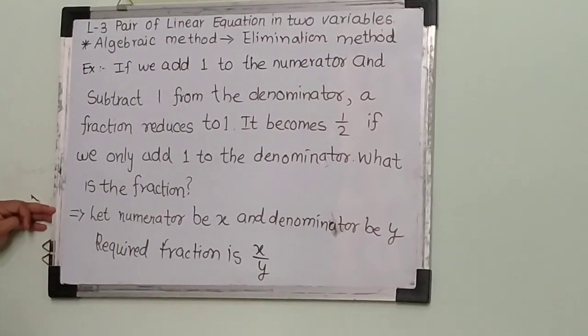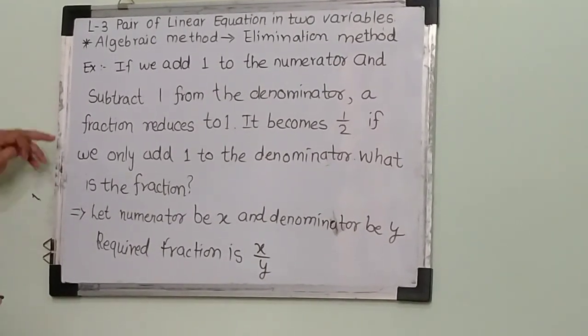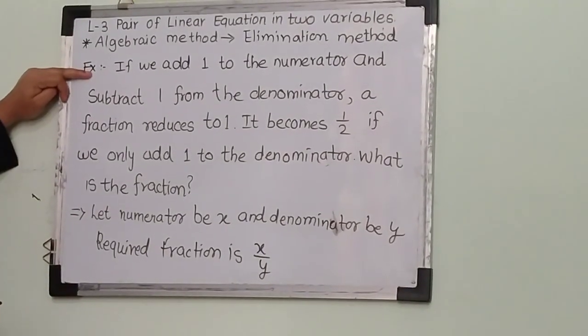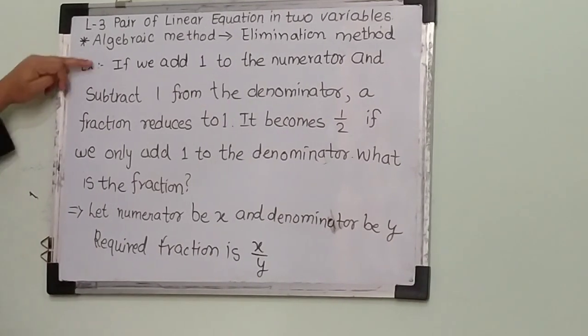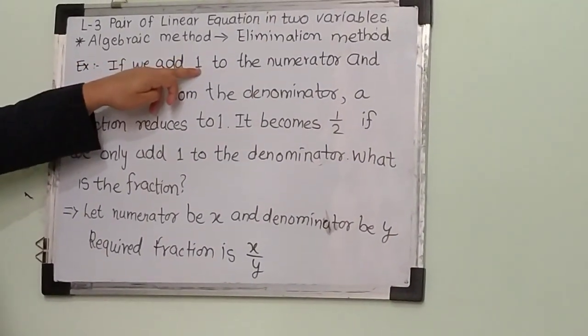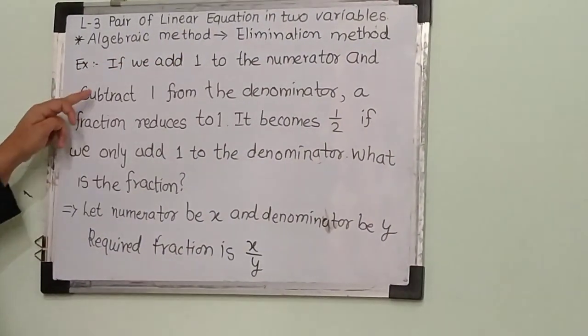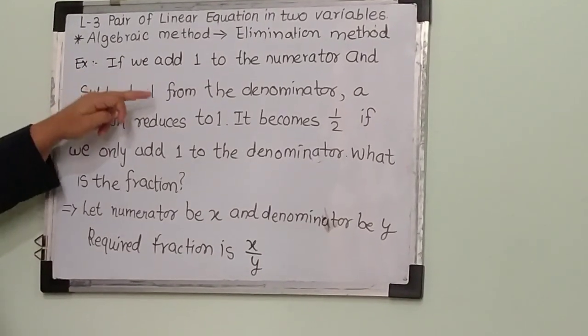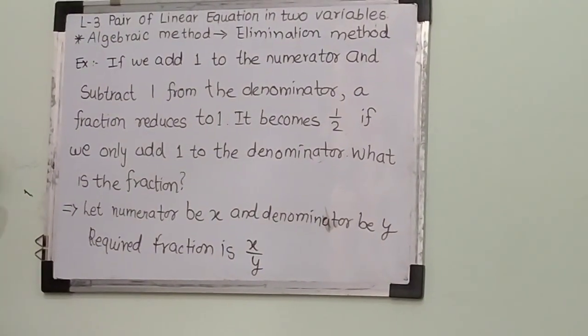Now see how the conditions will occur. What is the first condition? According to the question, we have to add 1 to the numerator and subtract 1 from the denominator.